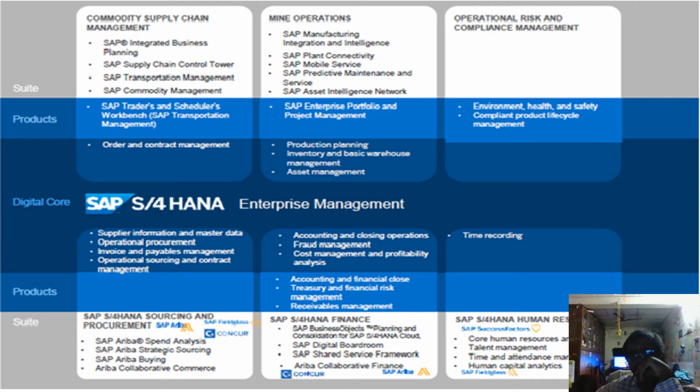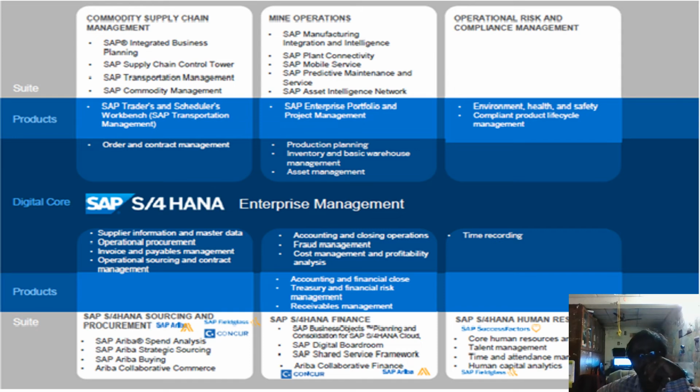So when coming to operational risk and compliance management, we have the environment, health, and safety module, as already mentioned, and configuring of product masters, and the cycle management and everything.